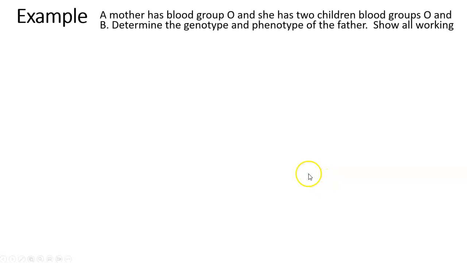Now, if we have a look at an example using blood groups, we are told a mother has blood group O, and she has two children that are blood group O and B. So we need to determine the genotype and phenotype of the father.